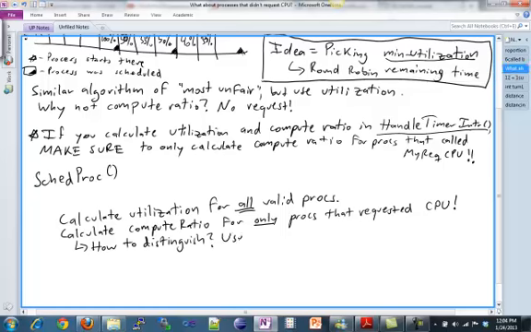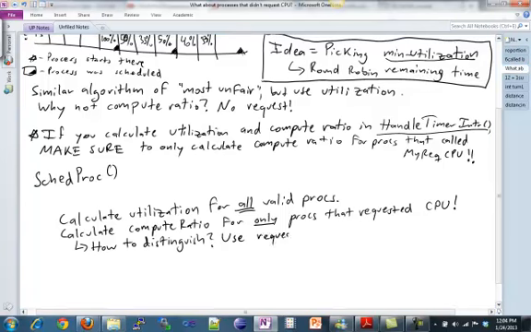So we want to use the requested field. Right? And equals 0 means they did not request CPU. Okay, and this looks really confusing, so I'm gonna get rid of that. Just use requested field. If requested field equals 0, that means that they did not request CPU.